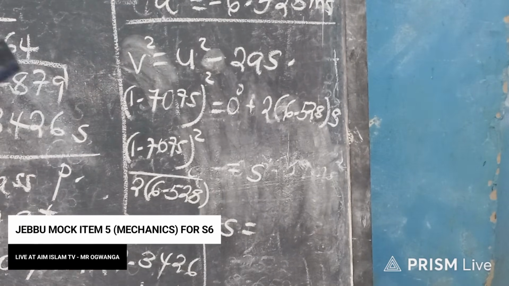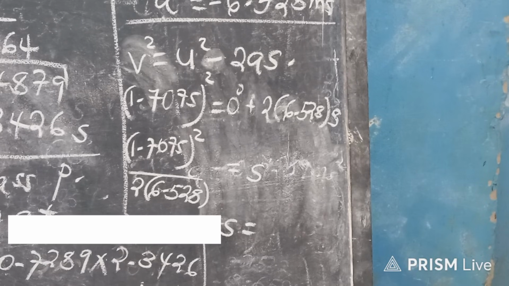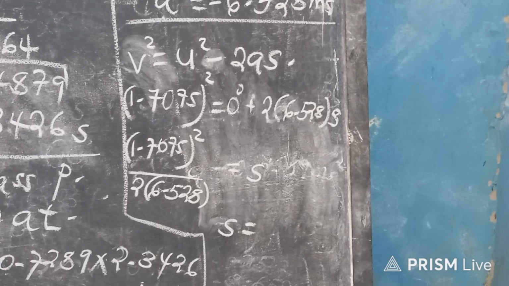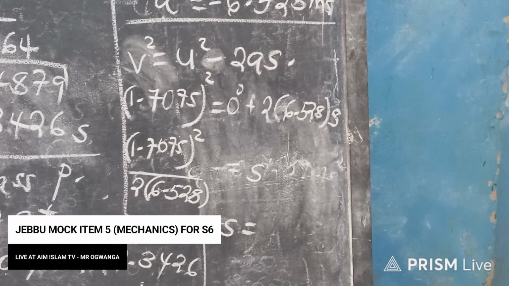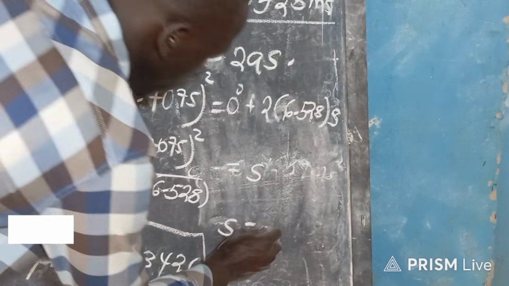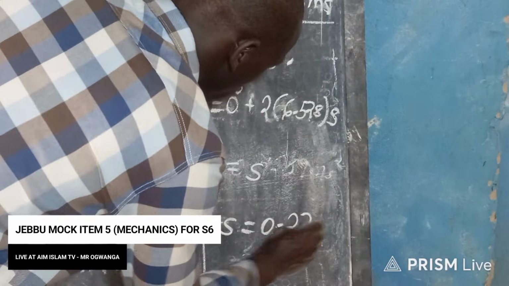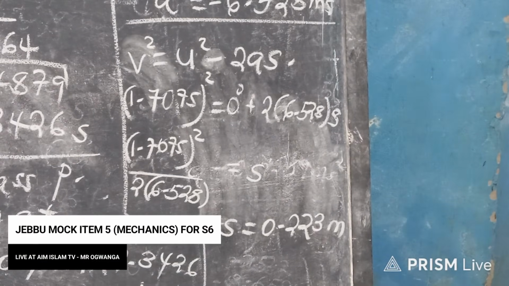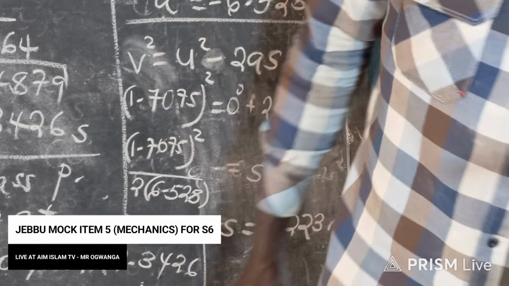Dividing both sides, we'll have 1.7075 squared divided by 2 into 6.528. So this is 0.2223 meters.